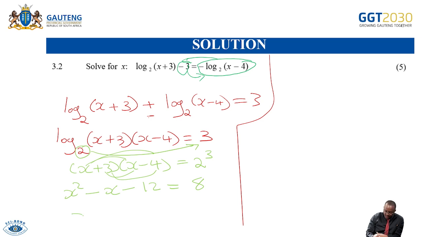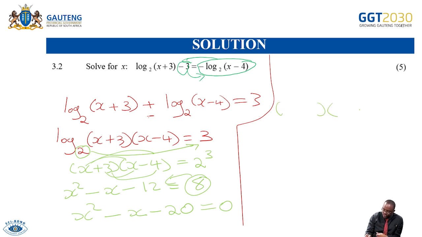So we are going to have x squared minus x minus 20 equal to 0, because negative 12 and negative 8, when we transpose it, this side is going to be negative 20. Now, you can also use your quadratic formula, or we can factorize.